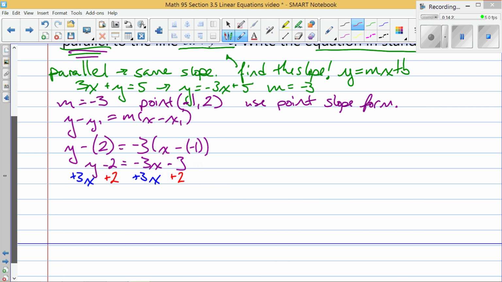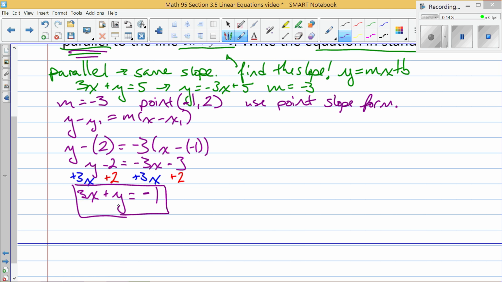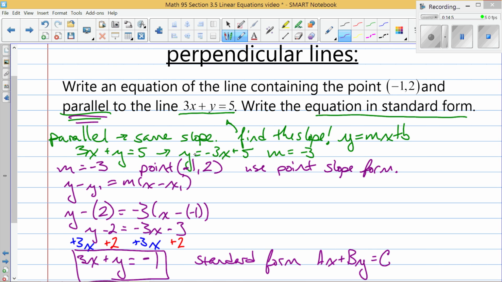So at this point, I will have the equation 3x plus y equals -1. And that is me in standard form. And I'll remind you that that is ax plus by equals c. Parallel means same slope.